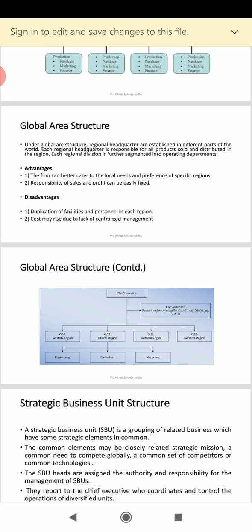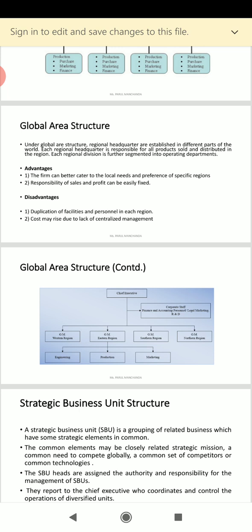If anything wrong happens, for example, in the North America region, which in itself comprises a lot of countries, you will have the person accountable, that yes, something went wrong in Canada, something went wrong in Mexico, likewise, right? So the firm is gradually able to adapt itself to various types of political and legal challenges also that might come in its way.